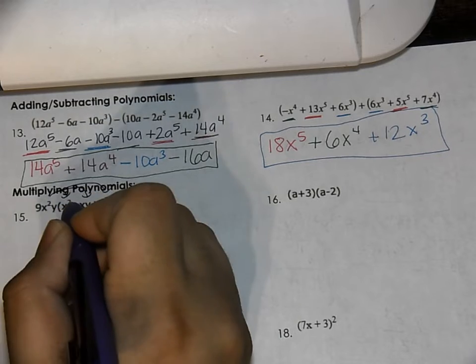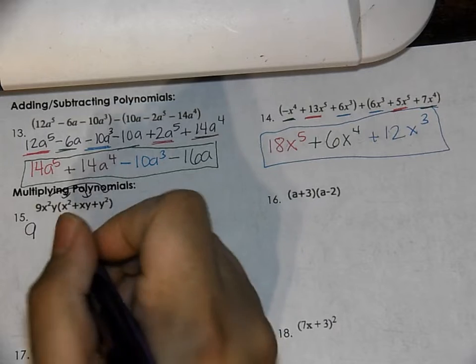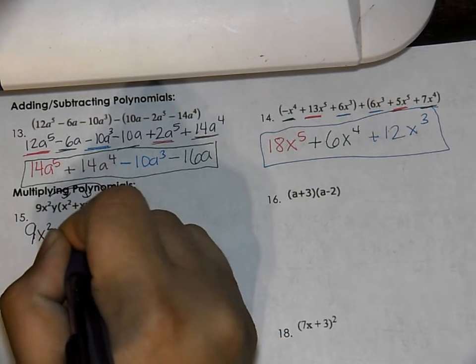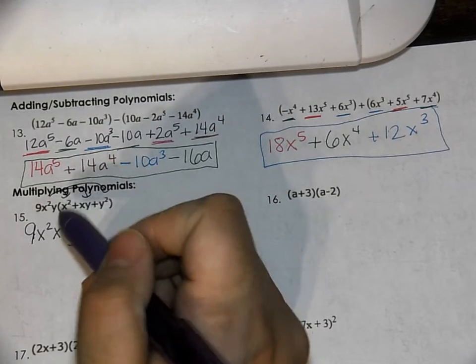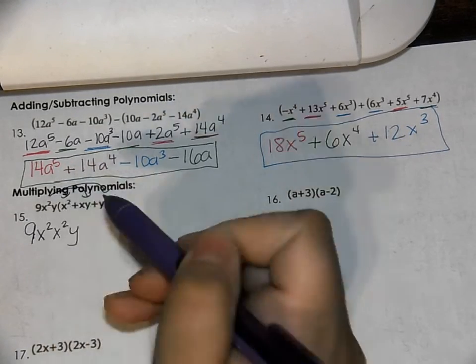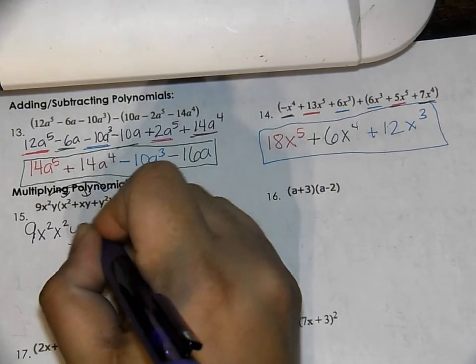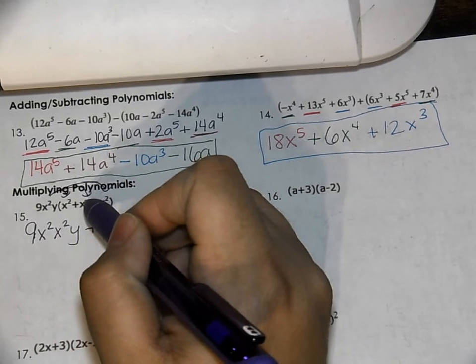So we have 9 times no coefficient, so it's just going to be a 9 still. Now looking at how many x's I have, we have x squared, y. So I'm writing it like this for now, and then I'll simplify it. You could have written x squared, y, x squared, but I just moved it so that the x squareds are next to each other. Now for my next term, there's another 9 because we're still multiplying it times no other coefficient.